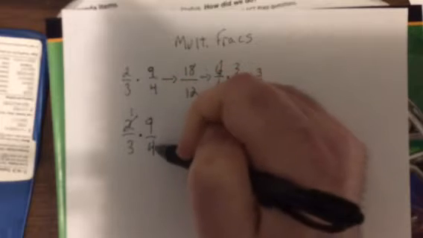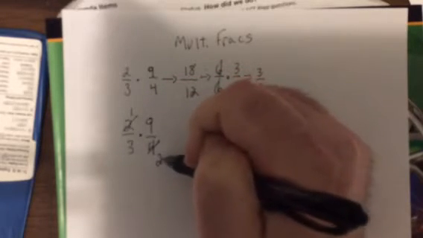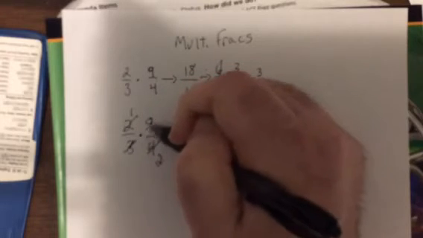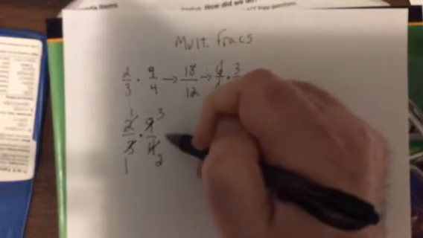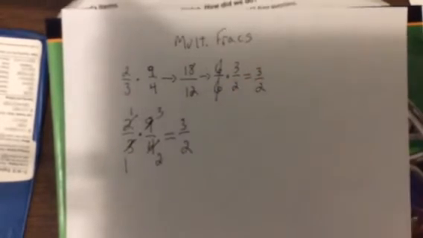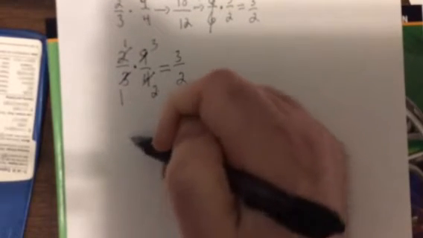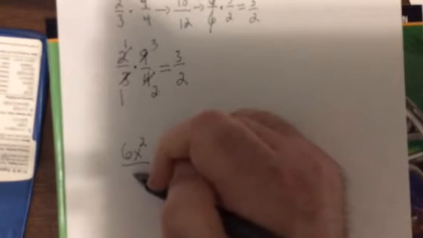You can reduce it. 2 goes into 4. 2 cancels to 1. 4 cancels to 2. 3 goes into 9 3 times. So you multiply straight across. And it's 3 halves.